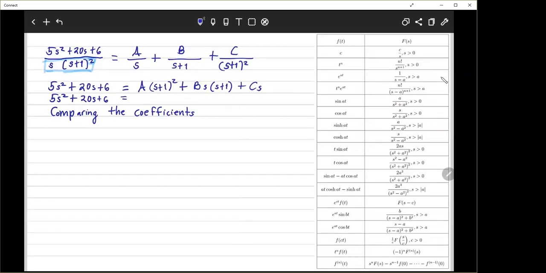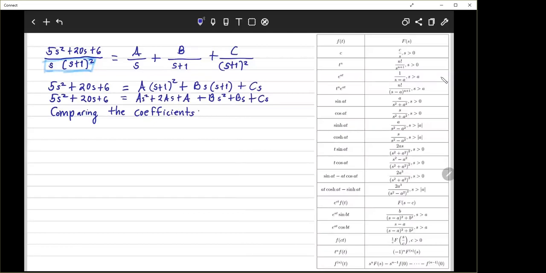So for the other method, I will illustrate that in the next example. Okay. So itong s plus 1 quantity squared, it will become s squared plus 2s plus 1. So we have as squared plus 2as plus a. And then ito namang b times s plus 1, it will become bs squared plus bs. And then plus cs.